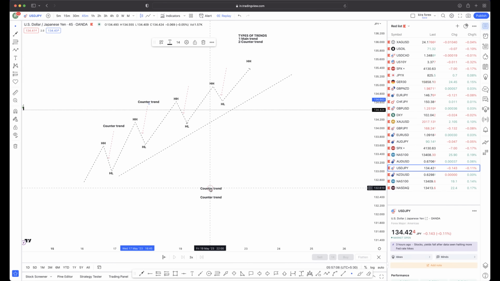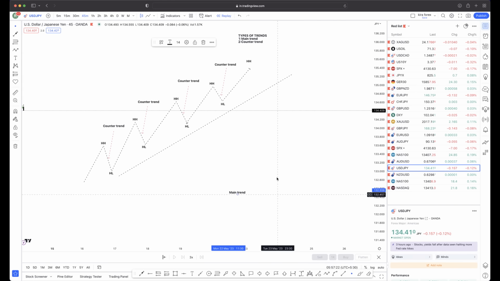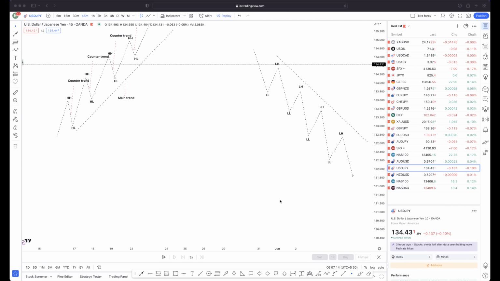As you can see here, this is our counter trend. This is our counter trend. And this is our main trend. Once you understand this simple thing, you are good to go. So this is the counter trend and this is the main trend in an uptrend structure. So we have the counter trend in between the main trend, that is, it is opposite the main trend.